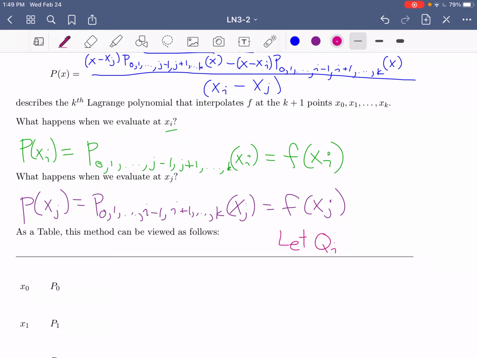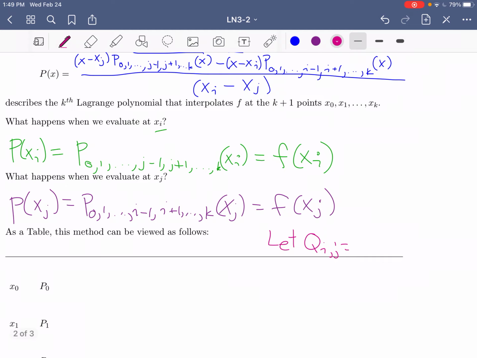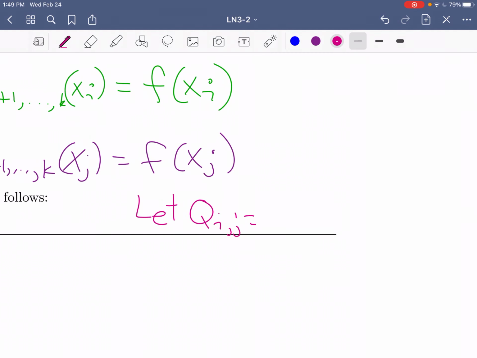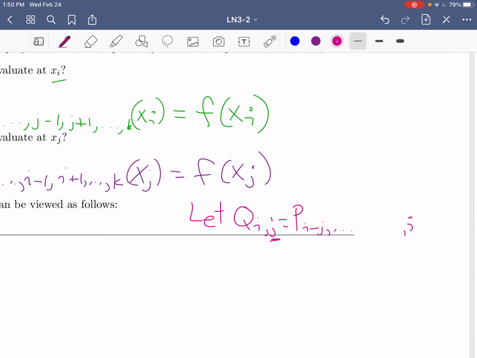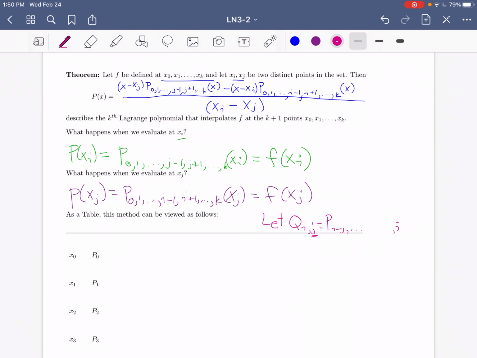Let Qij be the Lagrange polynomial that ends at i. The last index is going to be i, and it's going to start j units ahead of i. So it's going to go from i minus j all the way up through i. That way we don't have to write a whole bunch of these things.